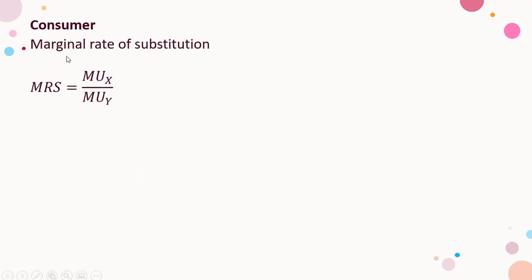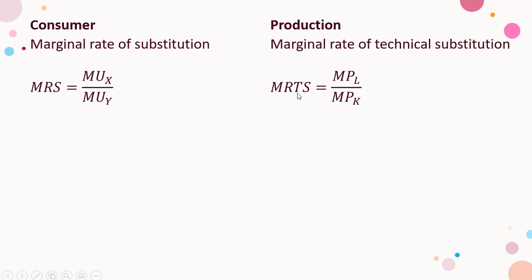With the consumer, there's this idea of the marginal rate of substitution. In terms of a formula, it's the marginal utility of good X divided by the marginal utility of good Y. And the way I like to remember this is that the marginal utility of the thing that we're measuring on the x or horizontal axis goes in the numerator, and then the thing that we're measuring on the y-axis goes in the denominator.